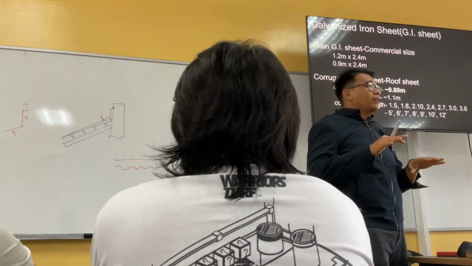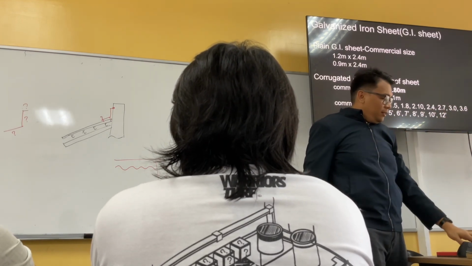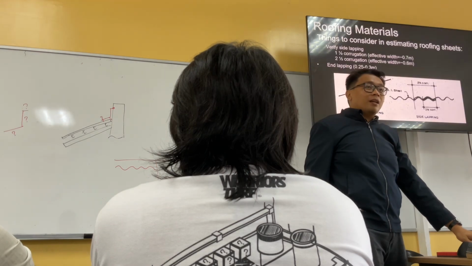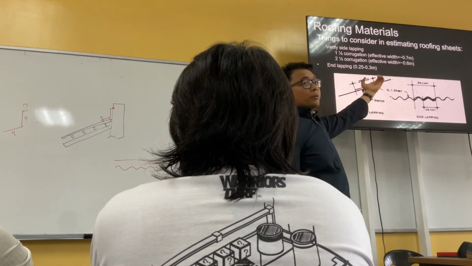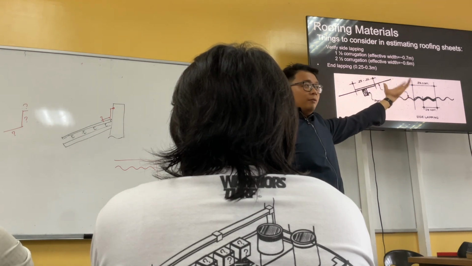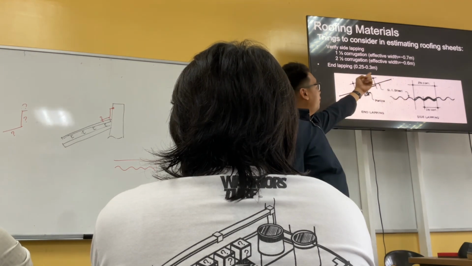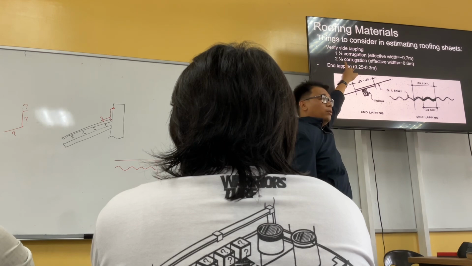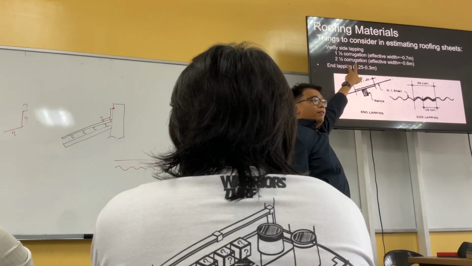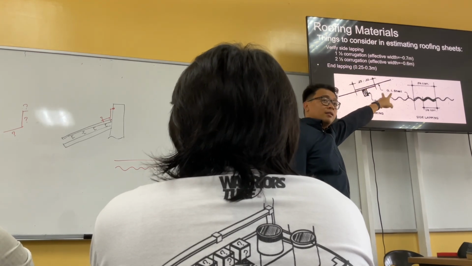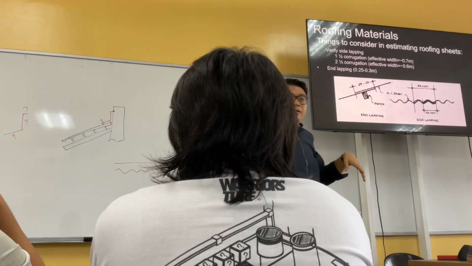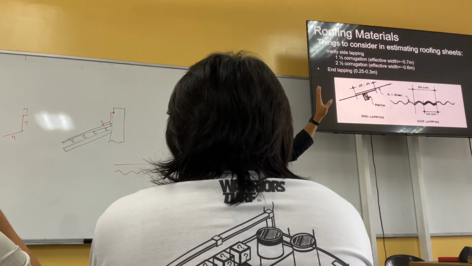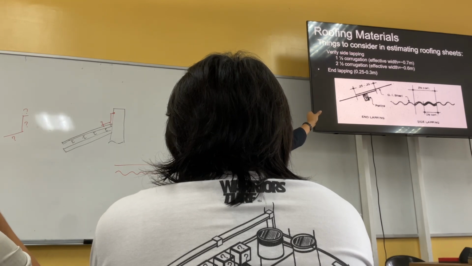But since you are going to overlap your roof sheets, the effective width should be considered. If you notice, it is reduced from 0.8 to around 0.7 if you're going to use 1.5, and 0.6 if you're going to use 2.5. We're going to use that later in this sample problem.